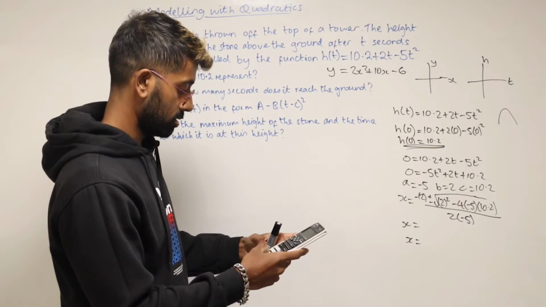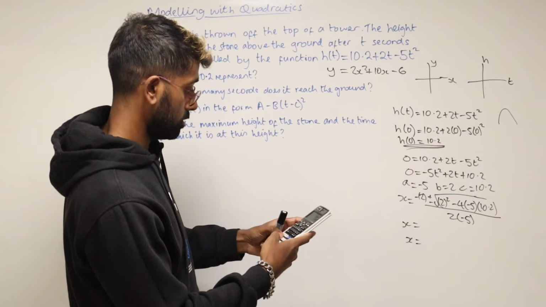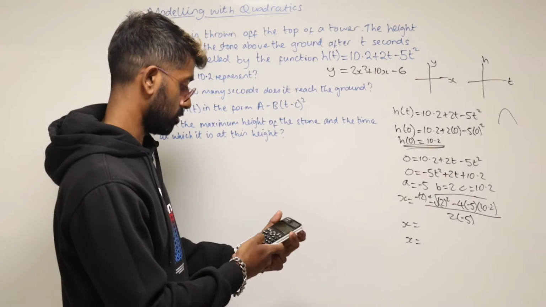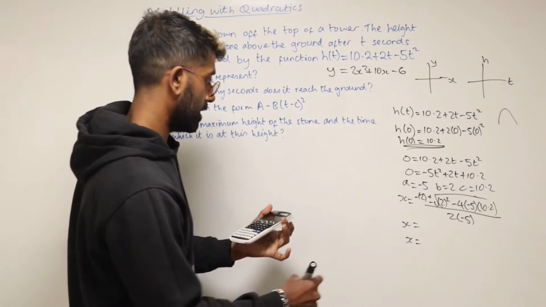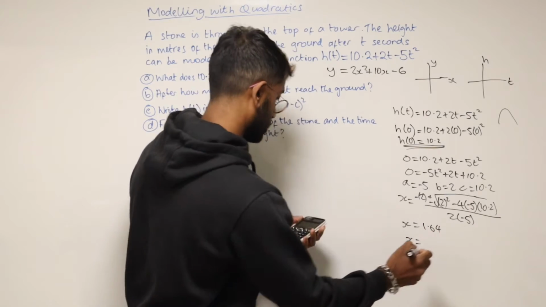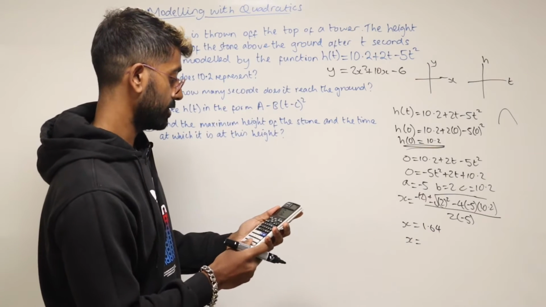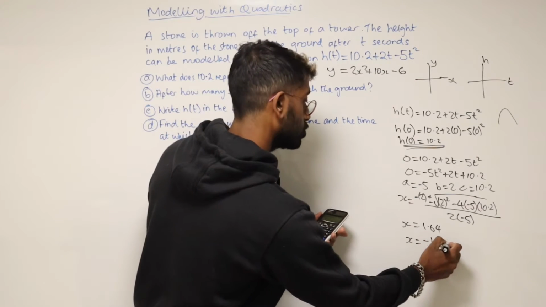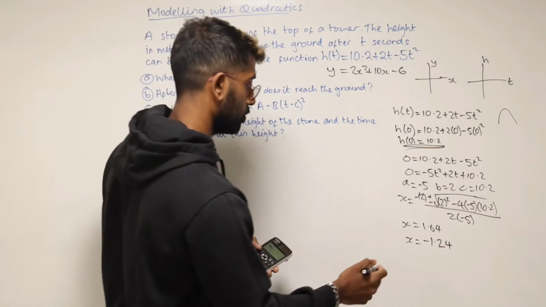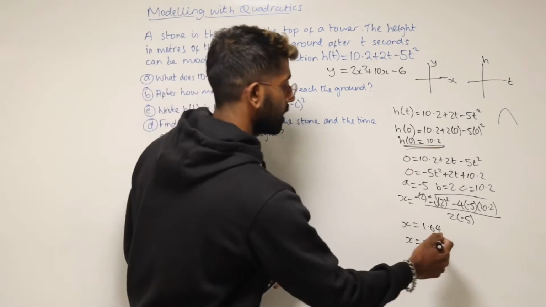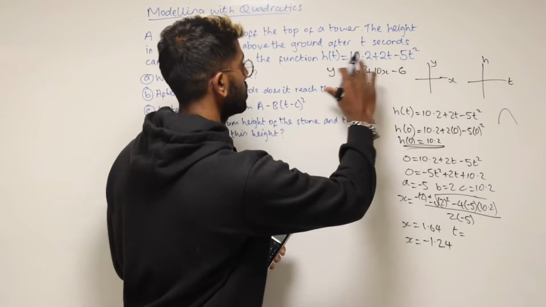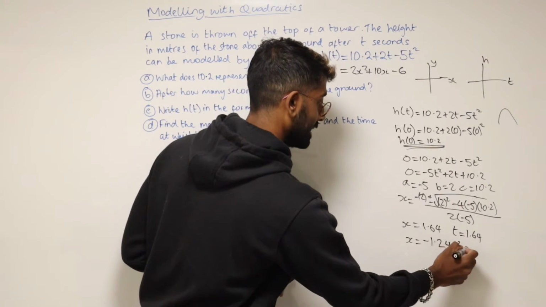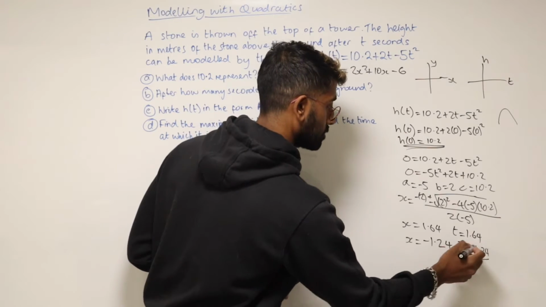So our first answer comes out as 1.64, that's to 3 sig figs. And the next one comes out as minus 1.24 to 3 sig figs. Okay, cool. So those are our x values, but remember for our equation over here, that's going to be t values. So t is 1.64 and t is minus 1.24.